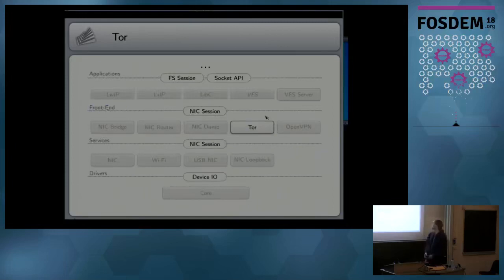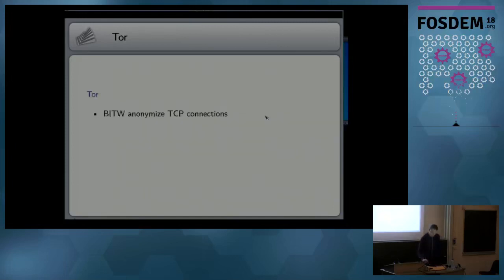Okay, Tor. I think everyone knows Tor. It's a project that aims for anonymized TCP connections over so-called onion routing. So it uses several Tor nodes in the network to reroute a connection and anonymize it.